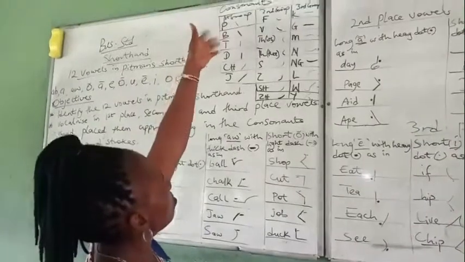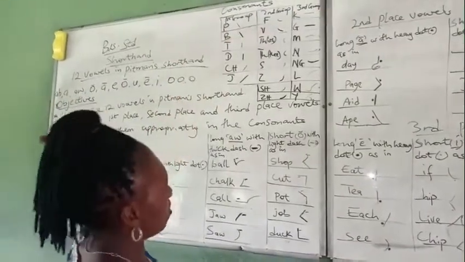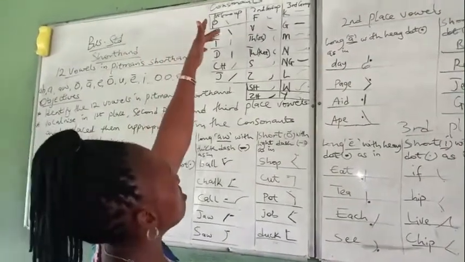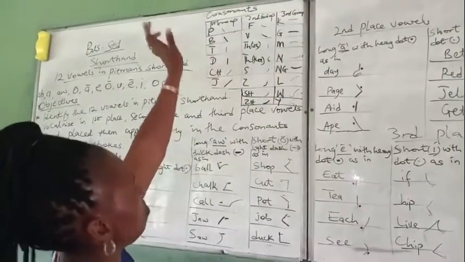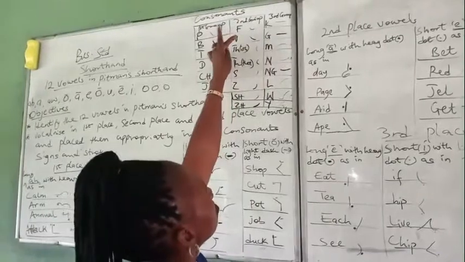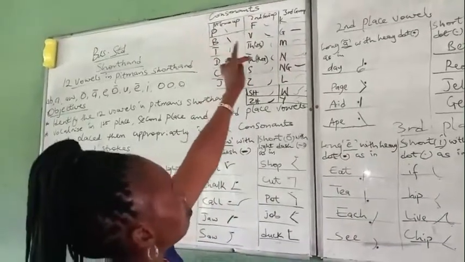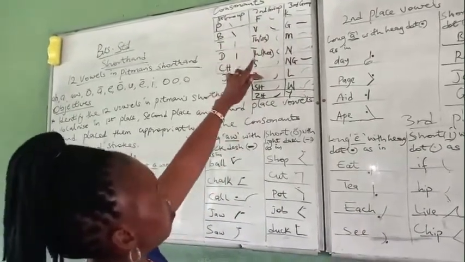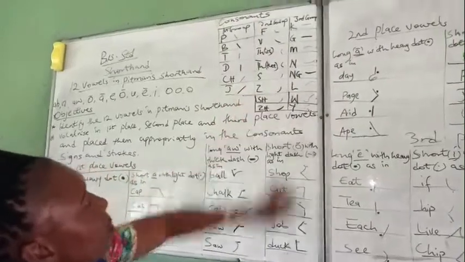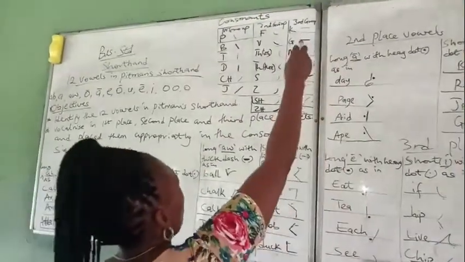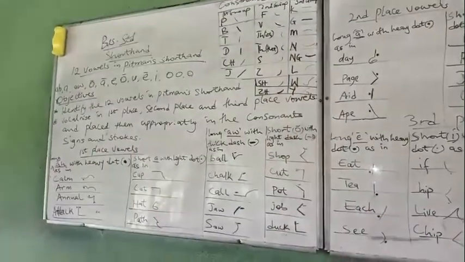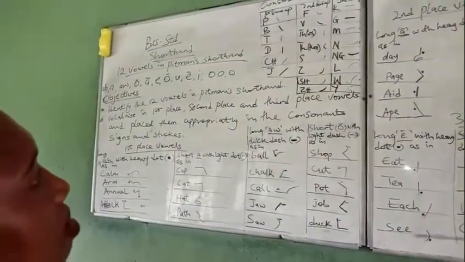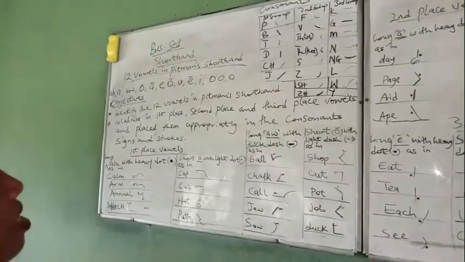You'll be able to identify those that have heavy strokes, like B, D, G. Then here, V, T, Z, and then Z. Then in the third group is only G and N that have the thick strokes or signs.